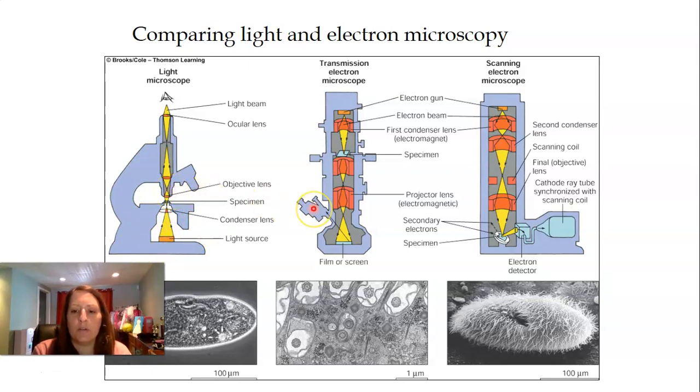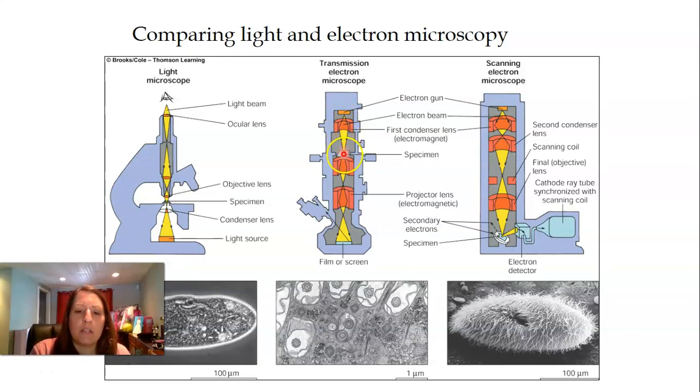With an electron microscope, what we have here is, at the base here, a film or a screen. And that can actually be captured. This can all be hooked up to a computer where it's being captured. And if we look at the opposite side, the top here of the microscope, we have an electron gun. So this is where electrons actually get shot out of. The electron beams are going to pass through some lenses that are going to condense them.